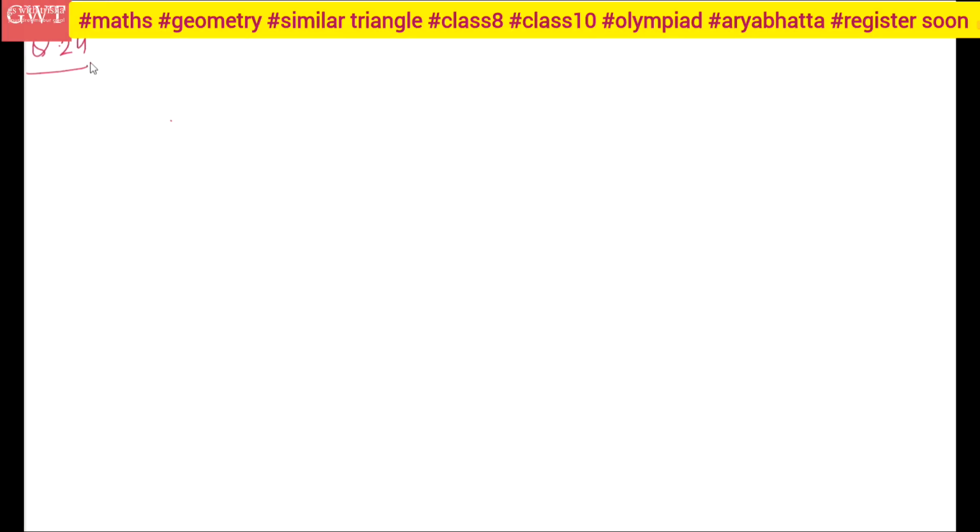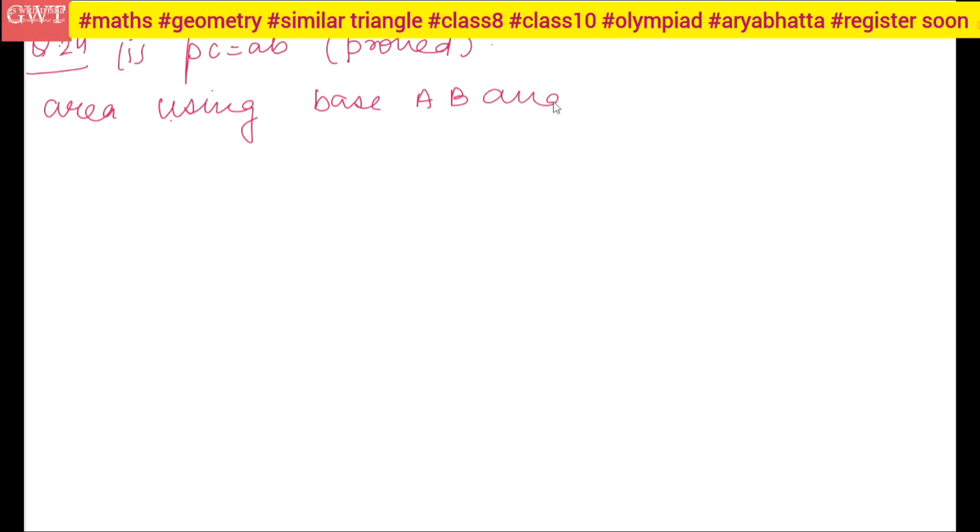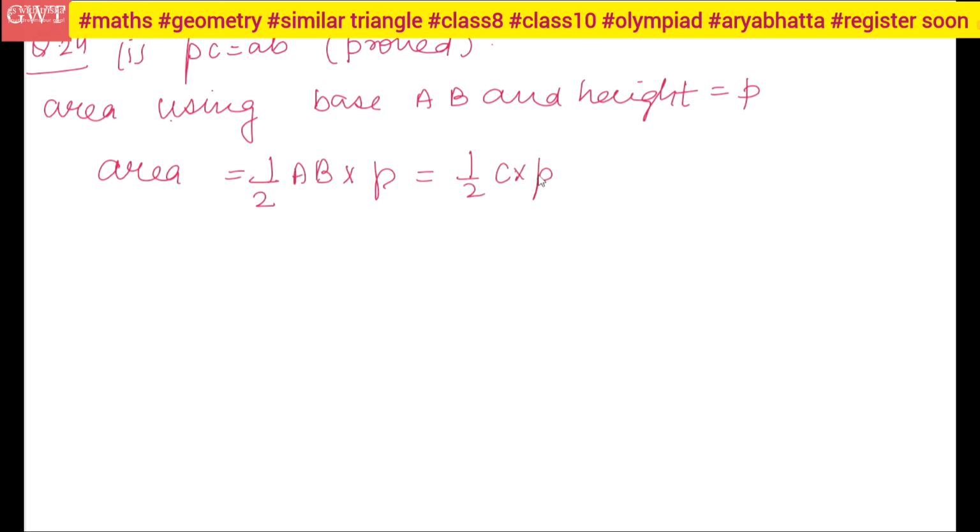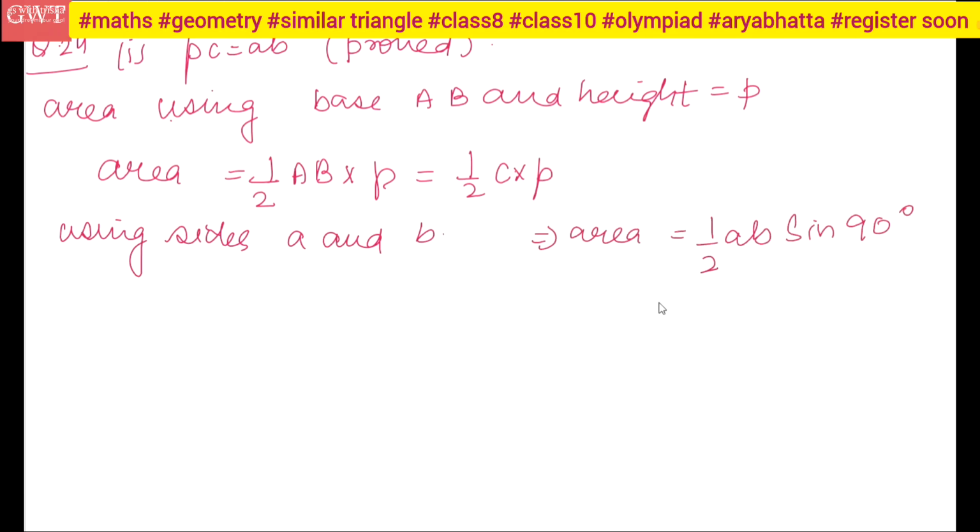Question number 24. First they are asking about PC is equal to AB. I have to prove this. So now see, I will use the area, using two bases. Base is AB and height is P. So area is equal to half AB into P, or half C into P. And I will also use the sides A and B. Using sides A and B, area is 1 upon 2 AB sine 90 degree, and sine 90 degree is equal to 1.